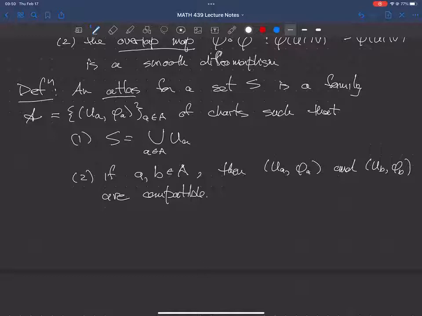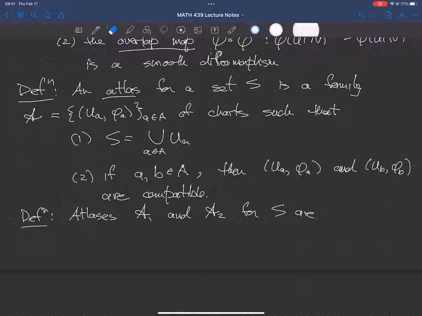There's a very slick way of saying that their charts are compatible with each other: atlases A1 and A2 for a set S are equivalent if their union is an atlas.